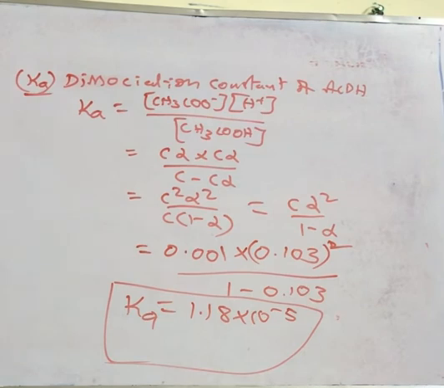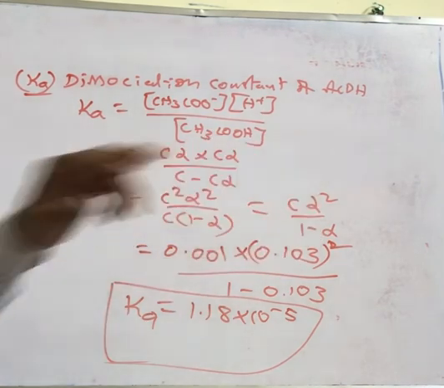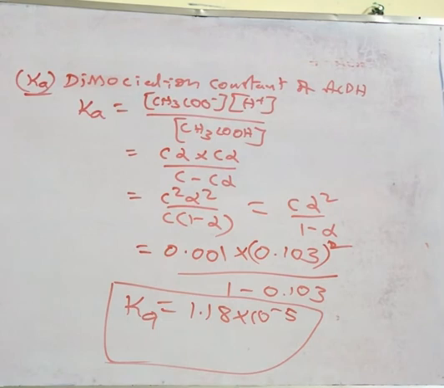But to get the alpha, you require another quantity, the molar conductivity at infinite dilution, which is given. Molar conductivity at the given concentration is also required. To get that, they have given a conductivity K value. There is a relation between molar conductivity and specific conductivity, for which we have used 1000 K by C. So this is the way this problem can be solved.